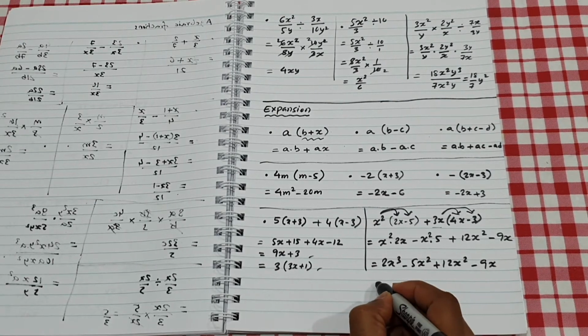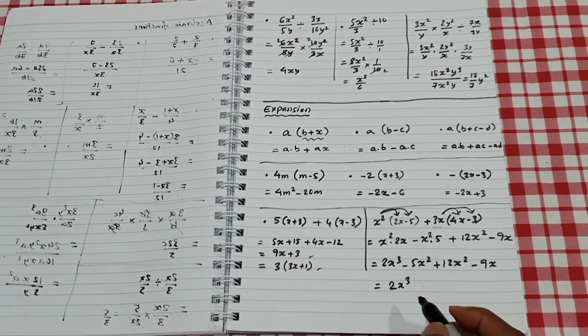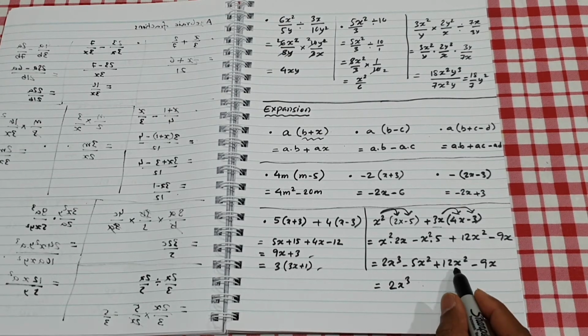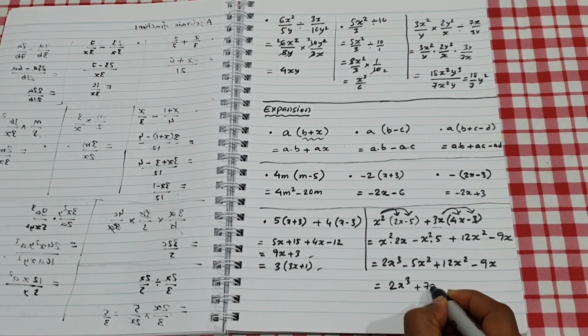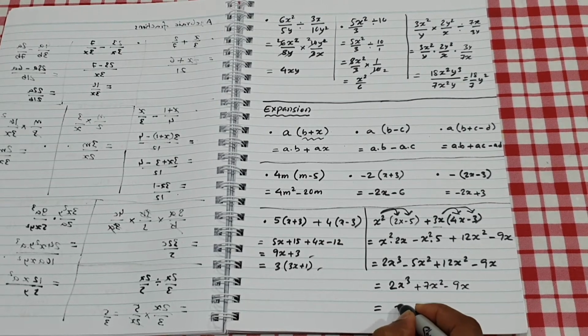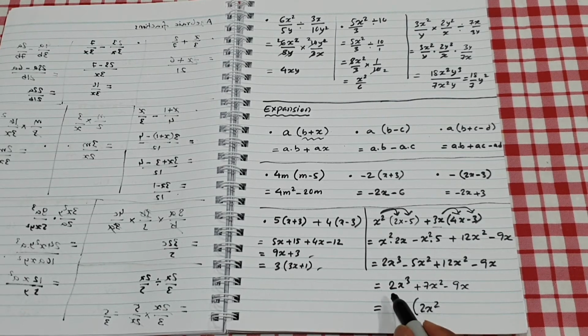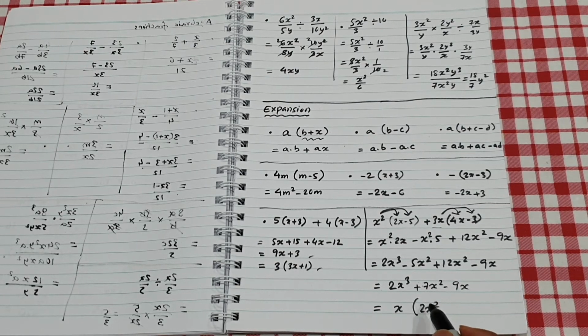Any further simplification? 2x cubed. These two are similar quantities, so we can add or subtract them. This is minus 5x squared and plus 12x squared. Minus 5 and 12 would be plus 7x squared. The coefficient remains the same. You can leave it here, or you can take x common. You can see that there is a factor which is common in all three terms. So you take that outside the bracket and divide the entire expression by it.